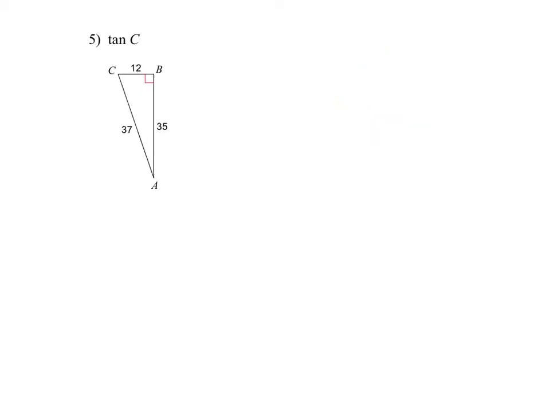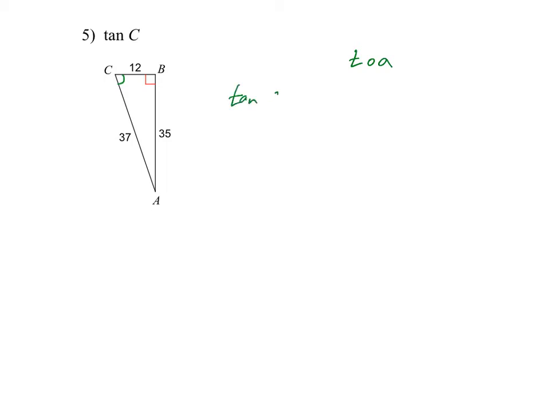Next one, I find the tangent of C. Tangent can be any number, so it doesn't have to be a proper fraction. Tangent is opposite over adjacent, so I'm dividing the legs.